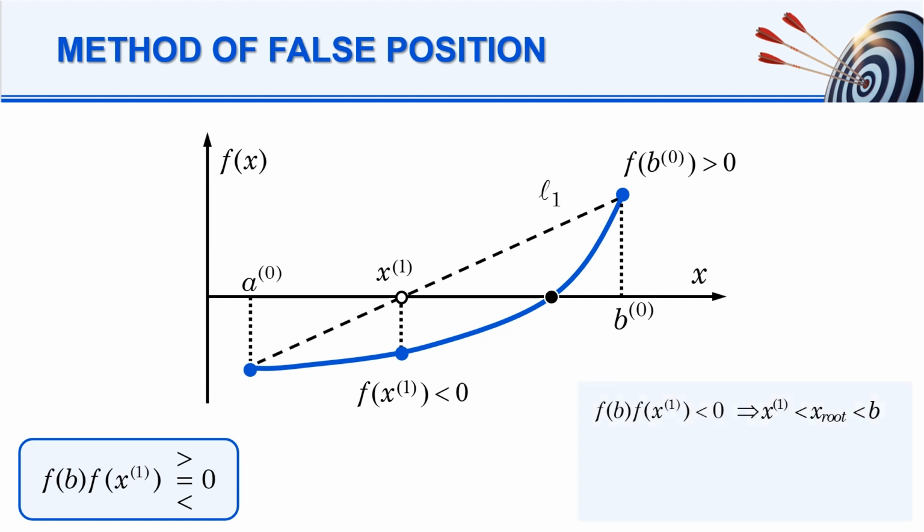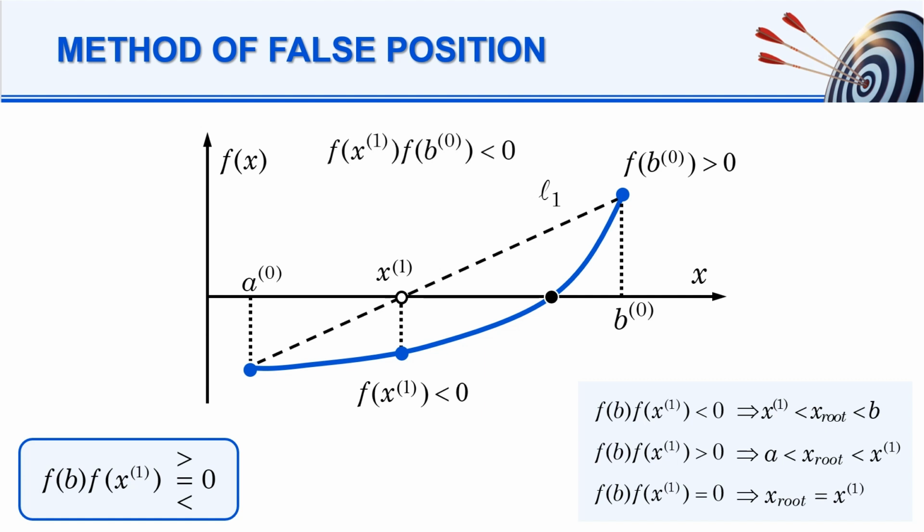If f(b) times f(x) is negative, the root is in the right interval. If it is positive, the root lies in the left interval. If it is 0, the midpoint is the root we are looking for. Since f(b) times f(x1) is less than 0, the root lies on the right side.